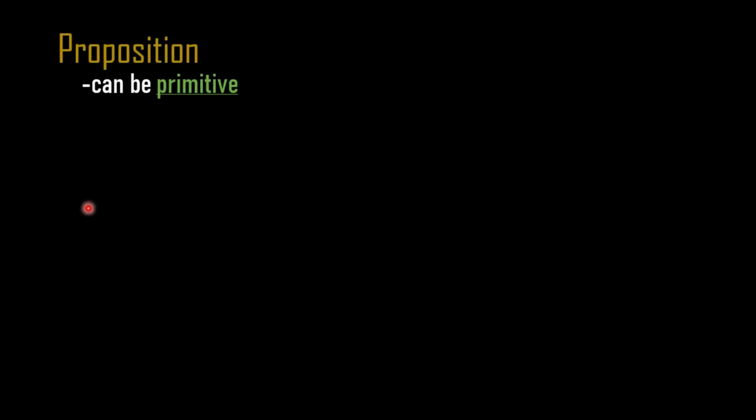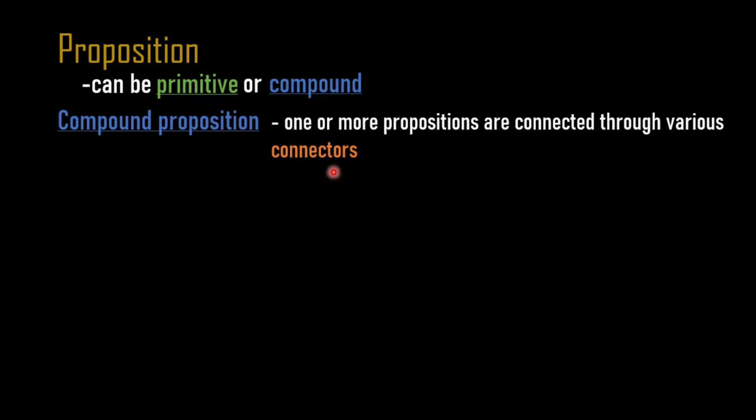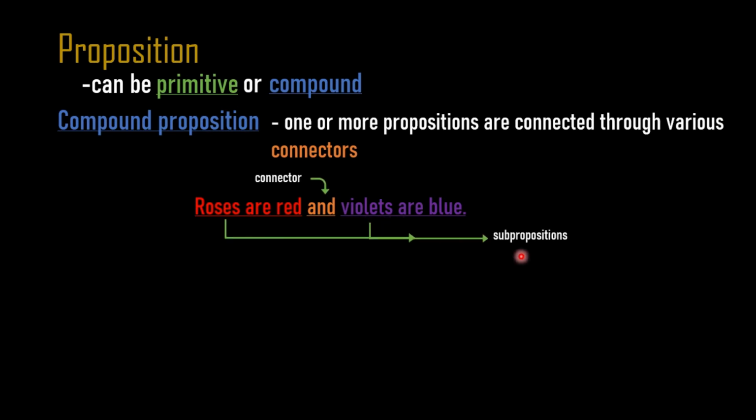Propositions can also be primitive or compound. Compound proposition: one or more propositions are connected through various connectors. Example: roses are red and violets are blue. In this statement, roses are red and violets are blue are called subpropositions, while they are connected by "and," which is our connector.